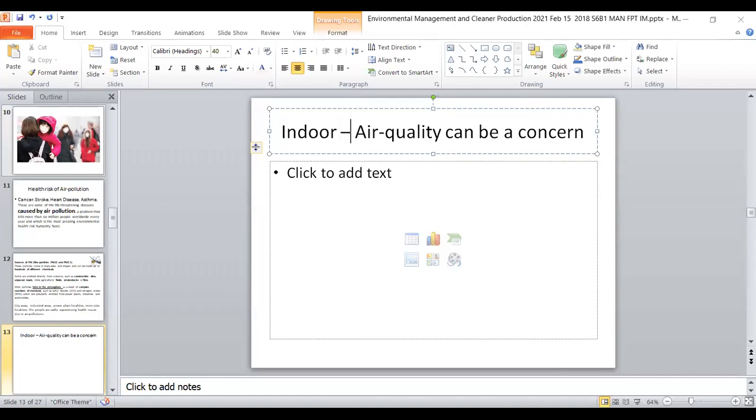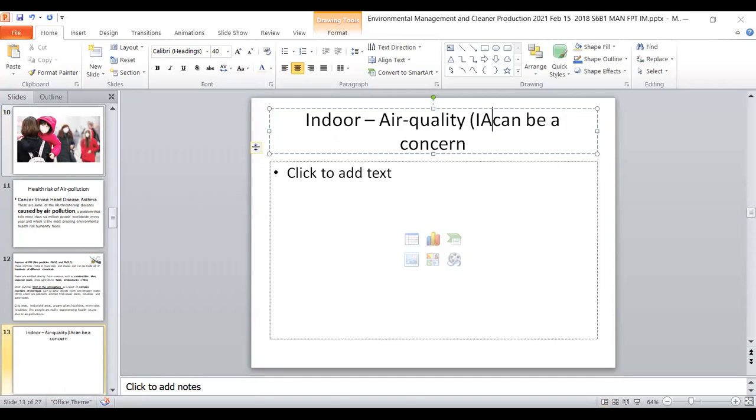So indoor air quality, this one we call the famous IEQ. Okay, so we just talk about the PM only.